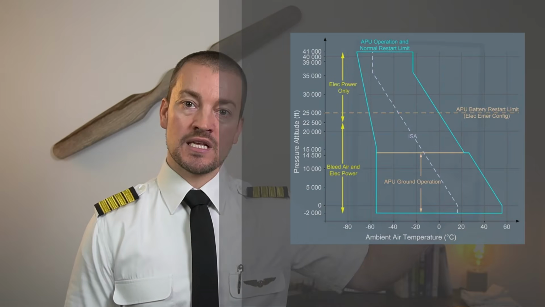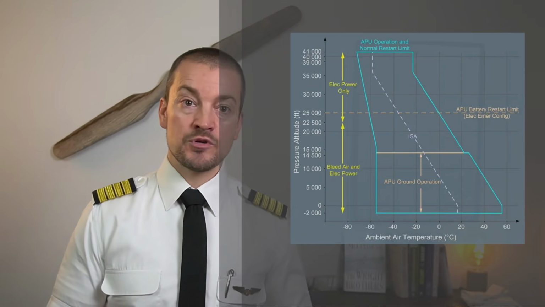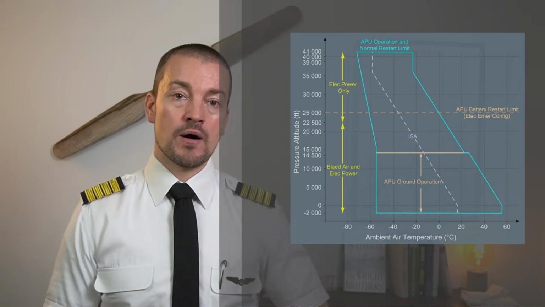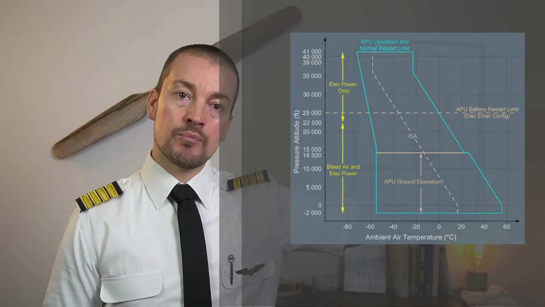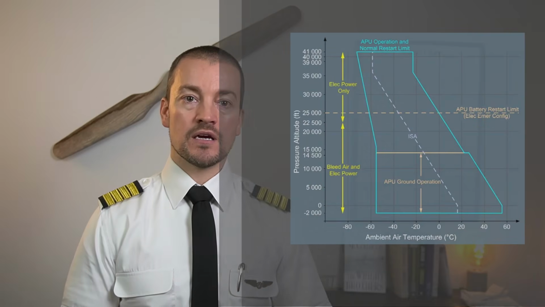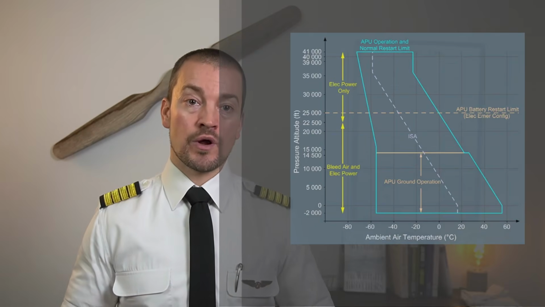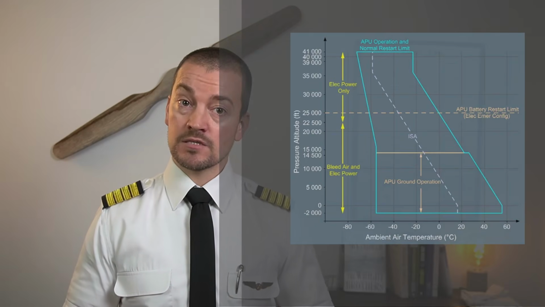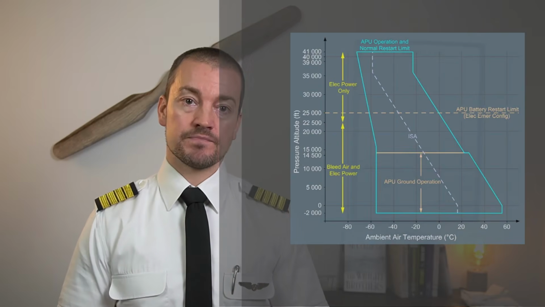That means emergency electrical configuration. If you're attempting to start the APU in flight from the normal electrical supply, well then the normal operating restart limit here is not a limiting factor, as it sits at 41,000 feet. And our maximum operating altitude was 39,800 feet.